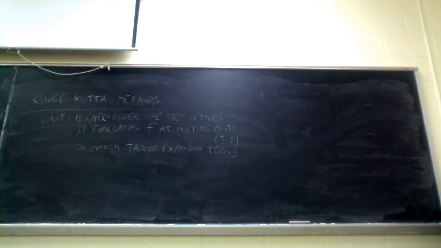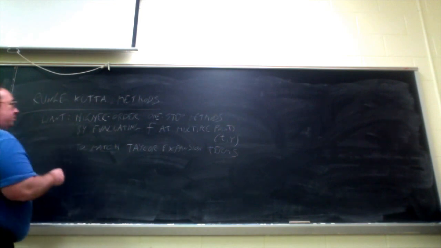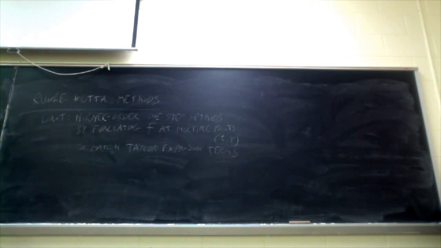So now we just try to go further. What I'm going to do is derive a very simple Runge-Kutta method that's second order, just to give you an idea of how the process works, and then talk about the best known fourth order Runge-Kutta method.